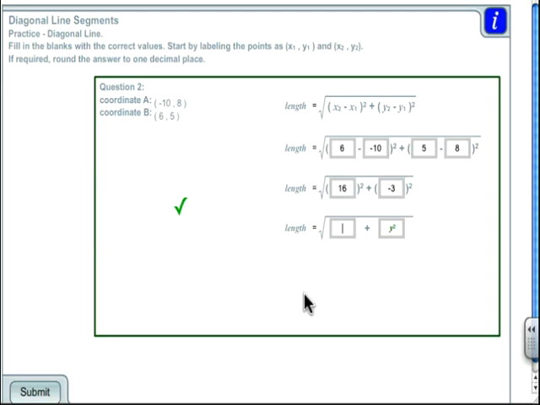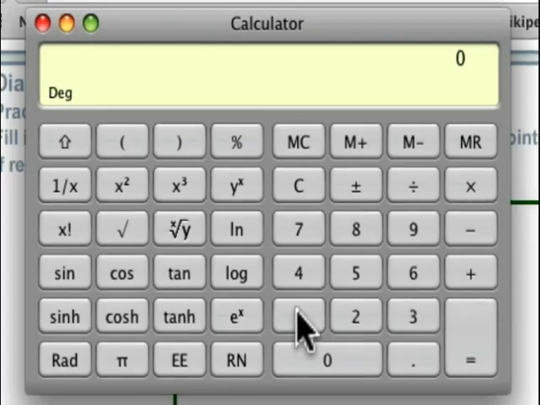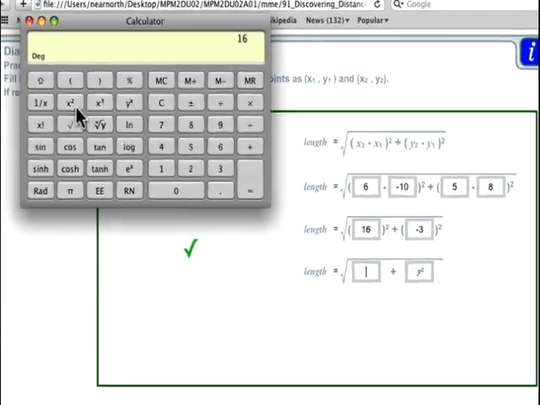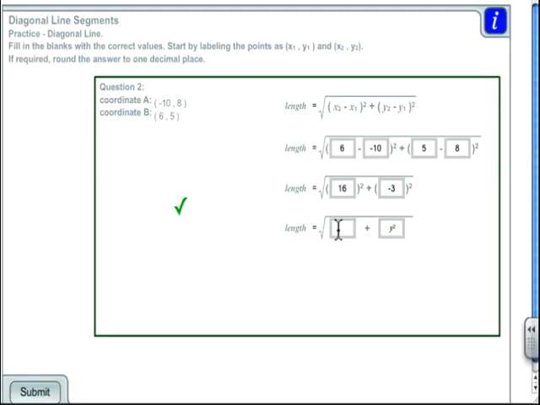We can use our calculator for this if you don't know it. So 16, then press the squared key, 256. Negative 3 squared is 9. Adding those together, 256 plus 9 is 265.